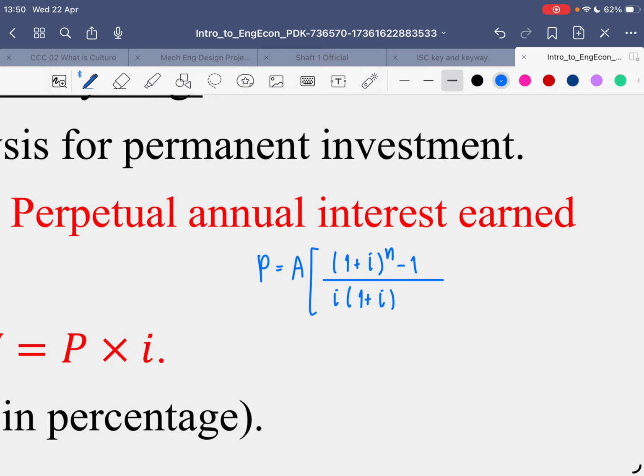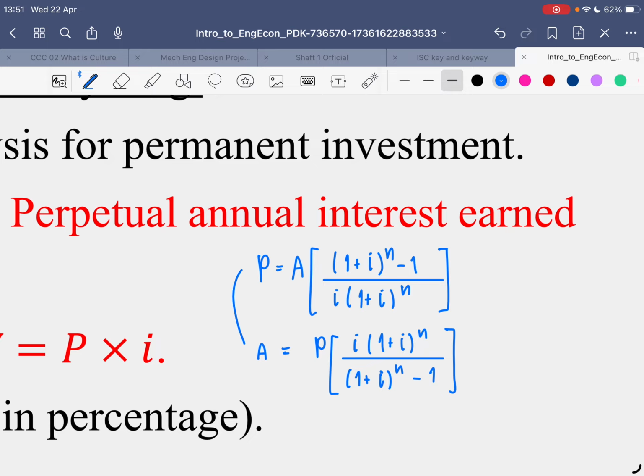And of course A is equal to P multiplied with I times 1 plus I to the power of n divided by 1 plus I to the power of n minus 1. These two are equal. I just changed the factors, moved the factors to the other side.